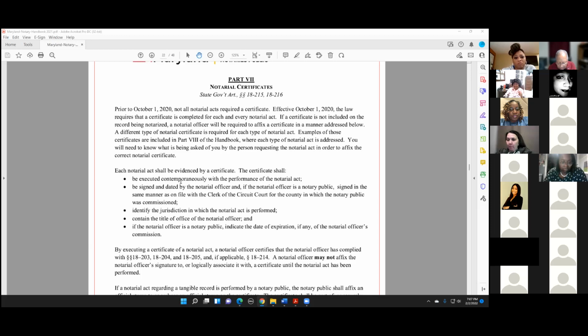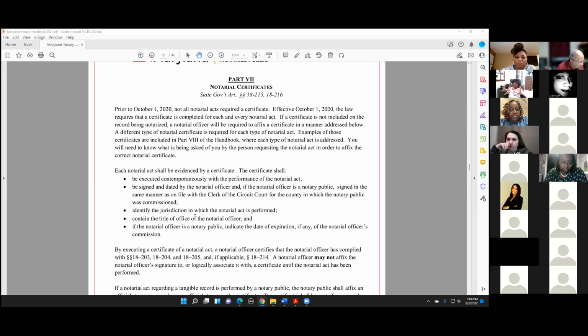I'm telling you, it must be signed and dated by the notarial officer, if the notarial officer is a notary public. Identify the jurisdiction in which the notarial act was performed. So these are all requirements as to what should be evidenced on a certificate. And I just want you to have the mindset to be able to go back to this handbook and just read.